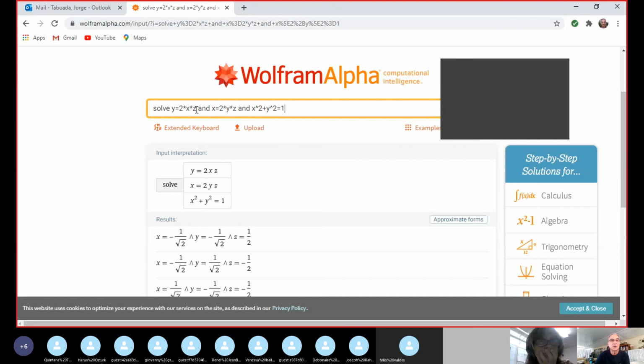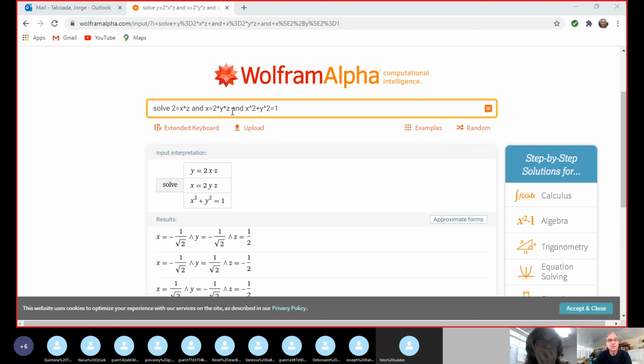And you type equation by equation, separated by "and". 2 equal x times z. The second equation is 1 equal 2 times y times z.